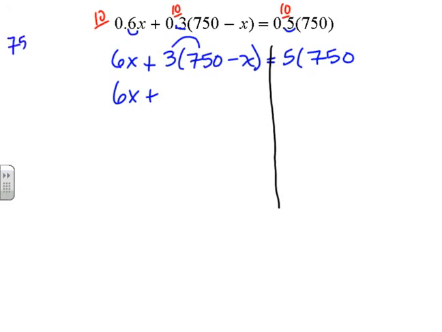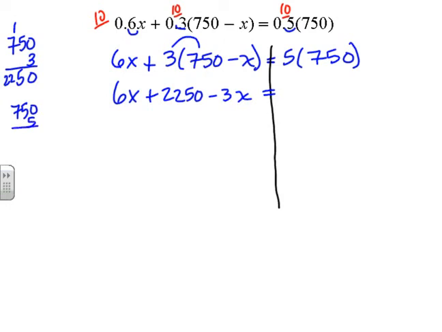If you cannot do that in your head, that's okay, we're just going to work it on the side. And we get 2250 minus 3x equals, and again, we have 5 times 750. We're going to work it on the side, and we get 3750.